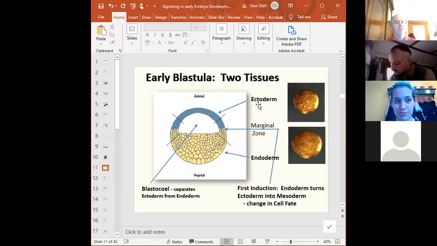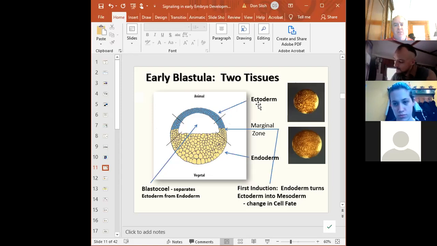So differentiation involves a whole lot of changes from one cell type to another, and it's pretty much irreversible for the most part. So every time you get to a decision point and change, you've changed your fate, and then you have to keep going down that pathway.